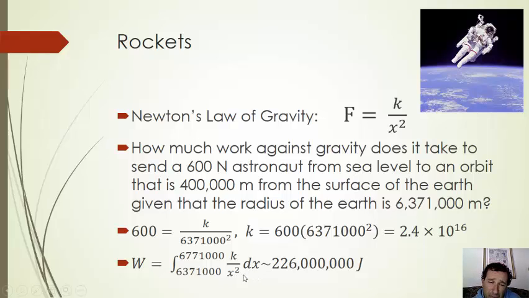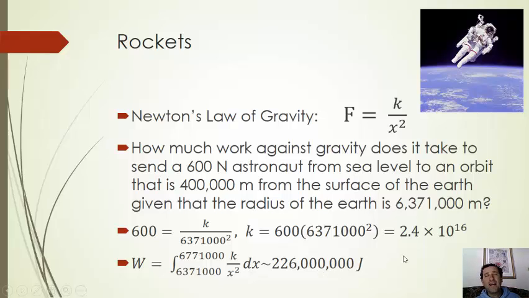And I worked that out. This is a pretty easy integral. The integral of 1 over x squared is negative 1 over x. And I plugged in our numbers. I plugged in my k. And I ended up with 226 million joules. So it's a lot of work to send a person up into space.